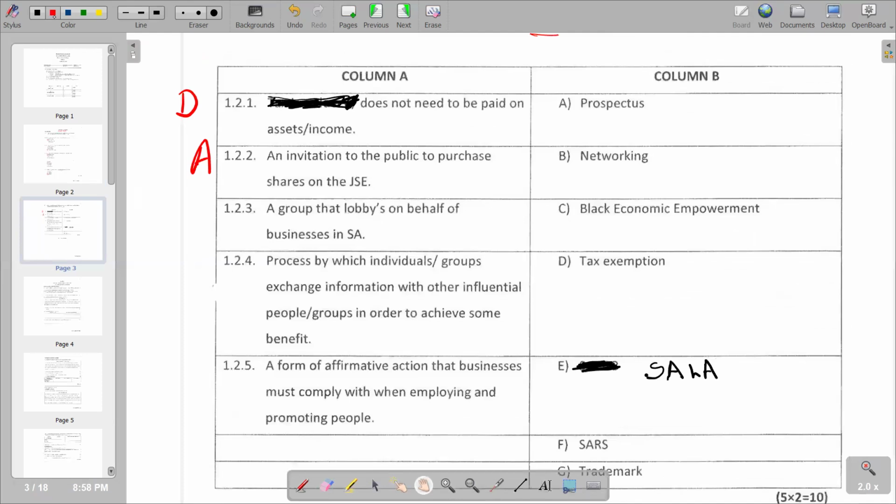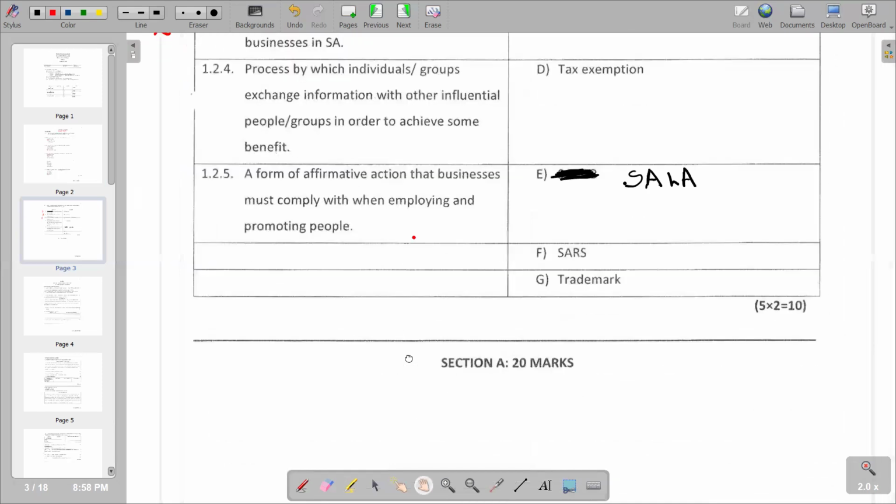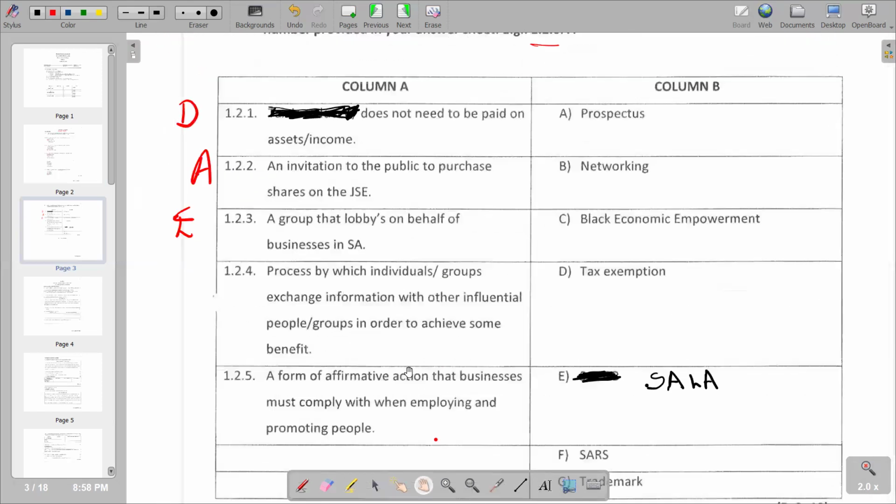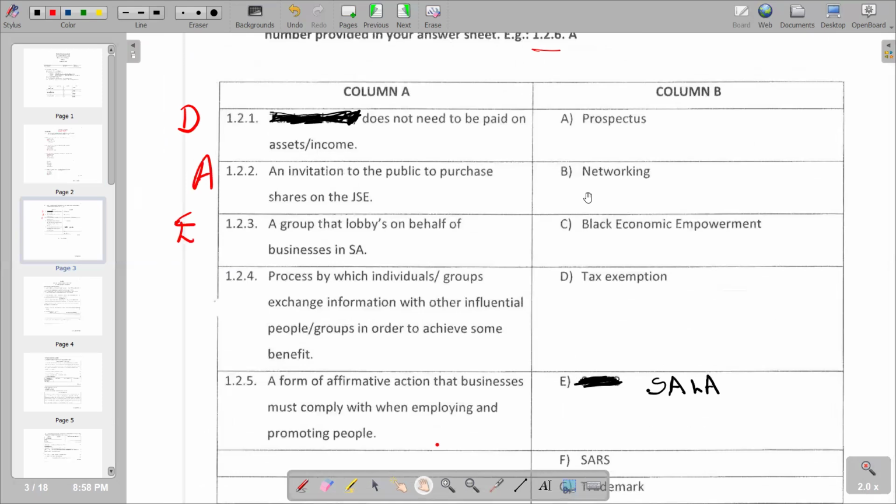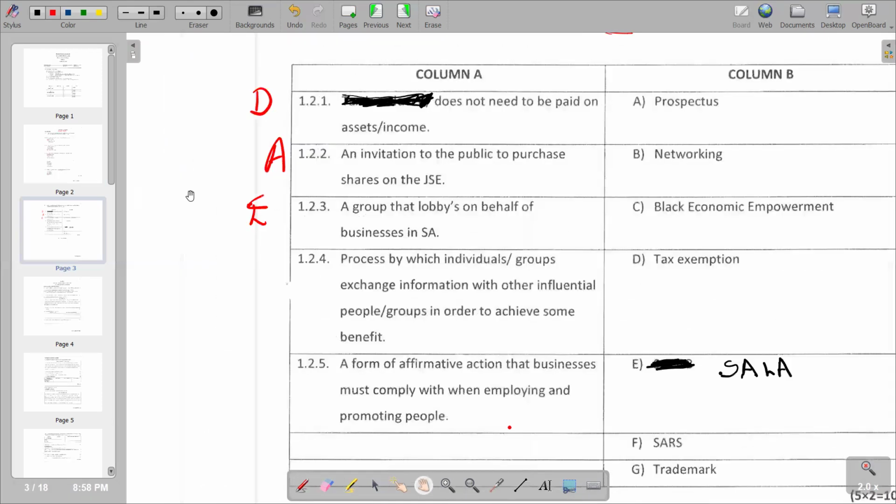So we have E. Then 1.2.4 says process by which individuals or groups exchange information with other influential people or groups in order to achieve some benefit. Try to see in the second column what correct response we have. You see that networking becomes the correct response. So 1.2.4, we have networking, which is B.